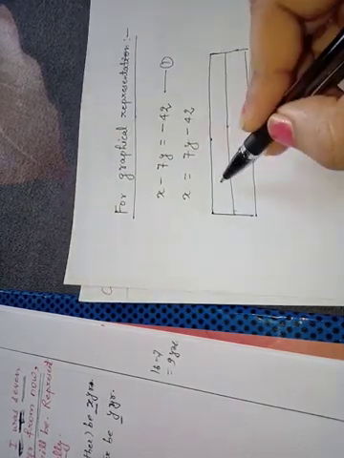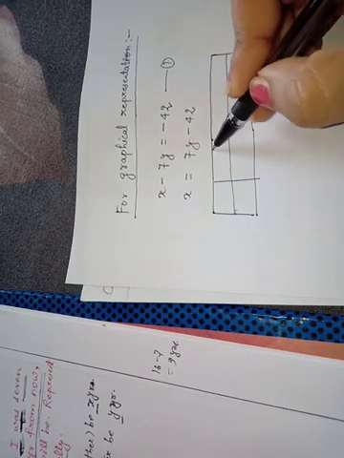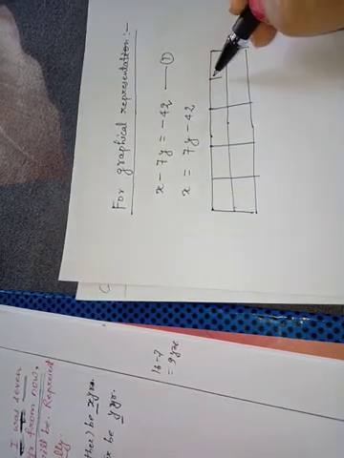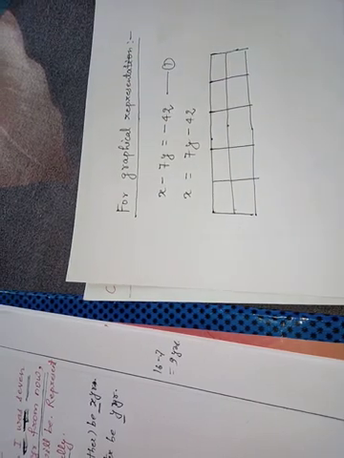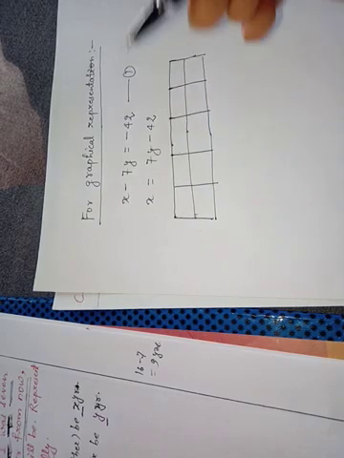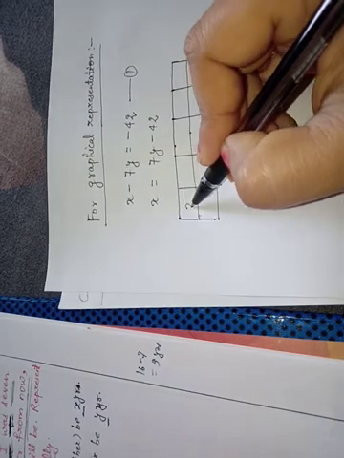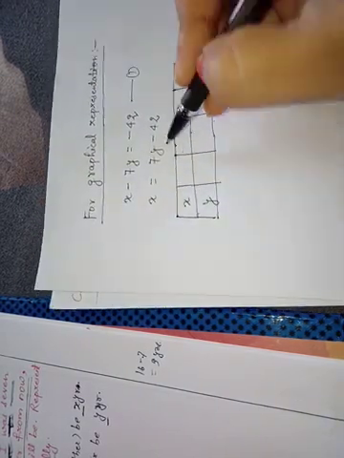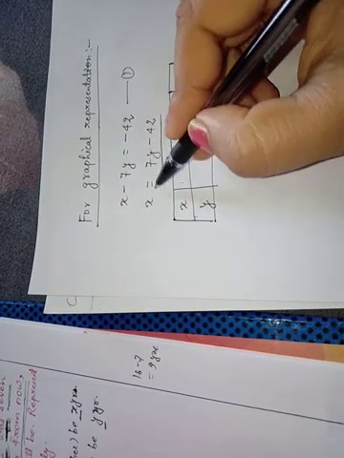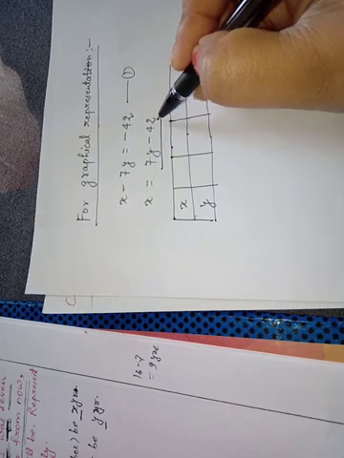For representation of a line, we need at least 2 points. Okay, and we can find more than 2 points, x and y. This is the equation, x equals 7y minus 42.